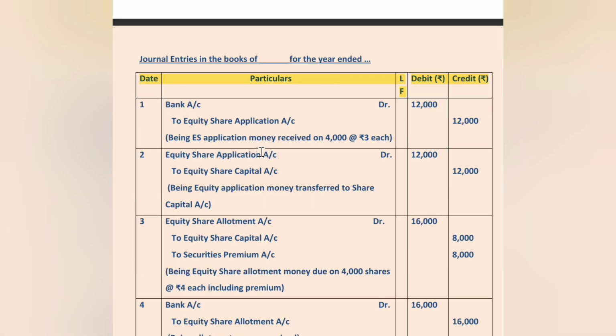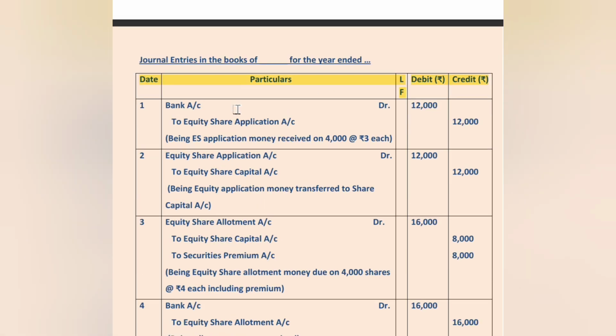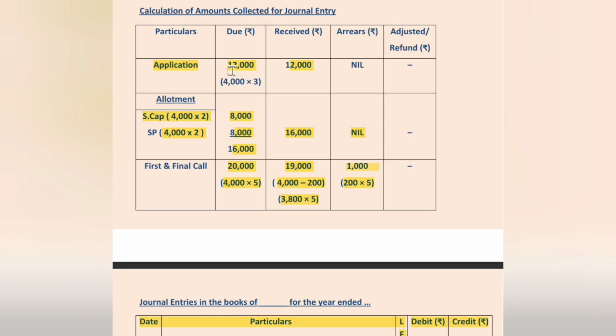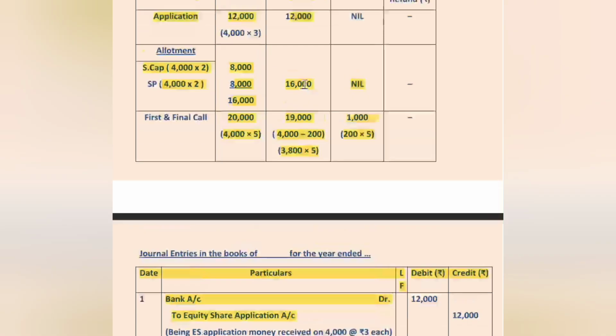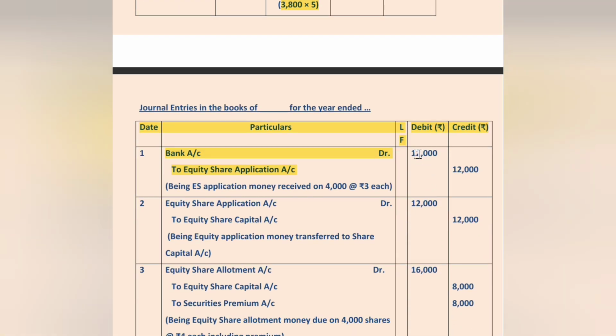So see one by one journal entries now. First one is amount received by bank. Bank account debit to equity share application account. How much amount received? 12,000 rupees.